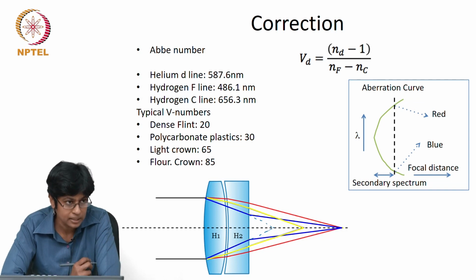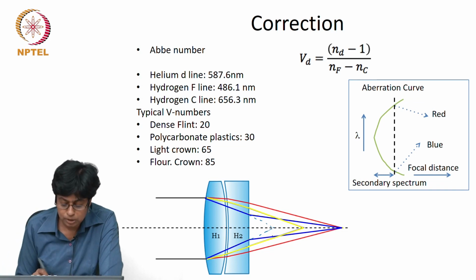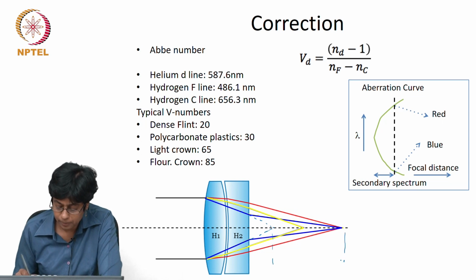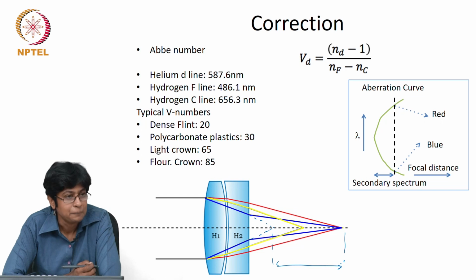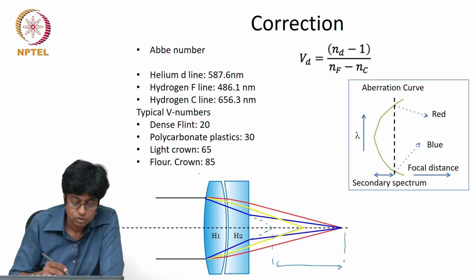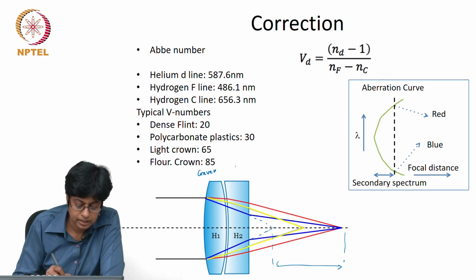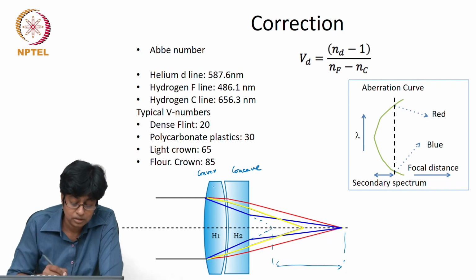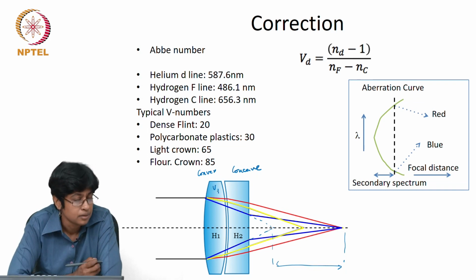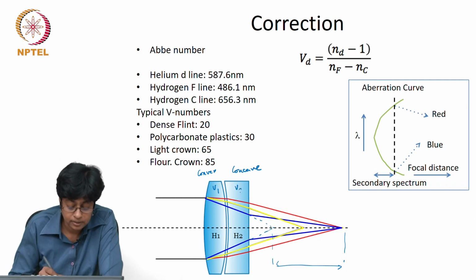If we had only a convex lens, then your spread of chromatic aberration would have been over this distance. Because you've combined two different lenses, so you've taken a convex lens, you've taken a concave lens. Not only that, they have different materials. So this has V number V1, this is V2.